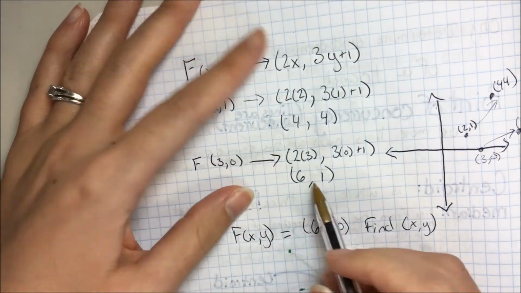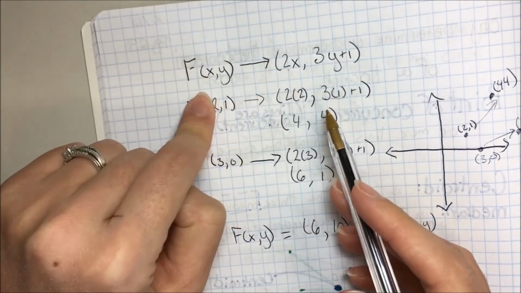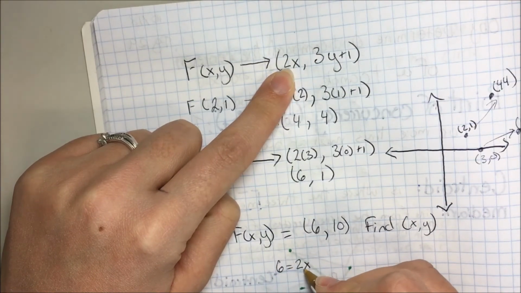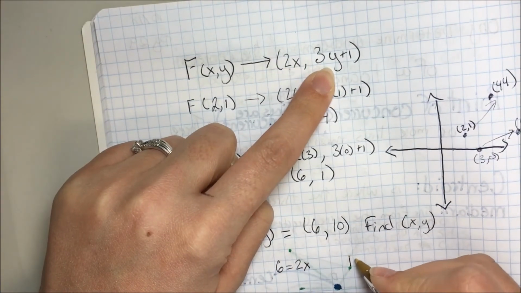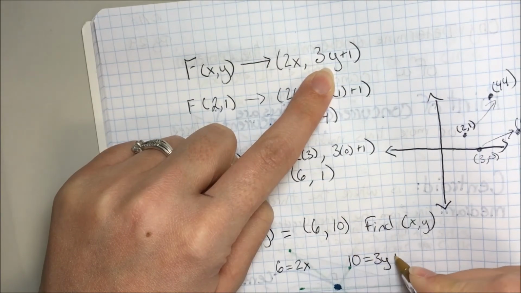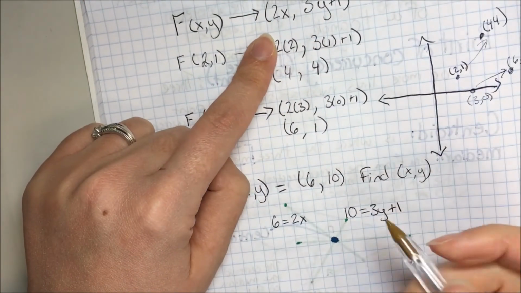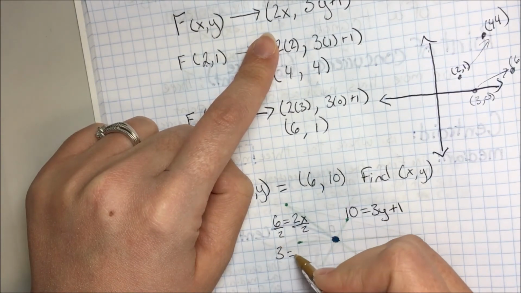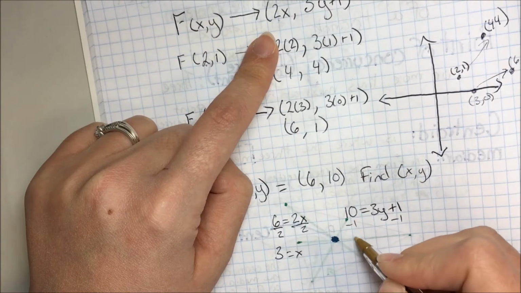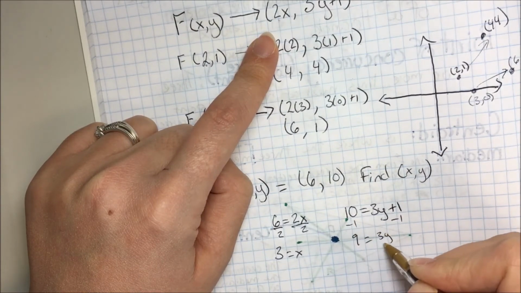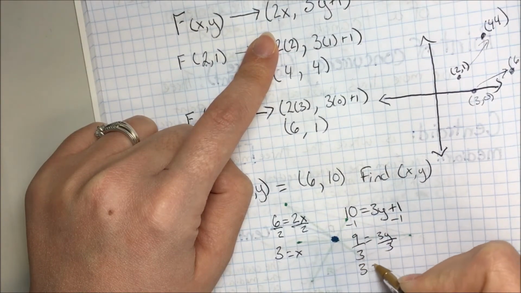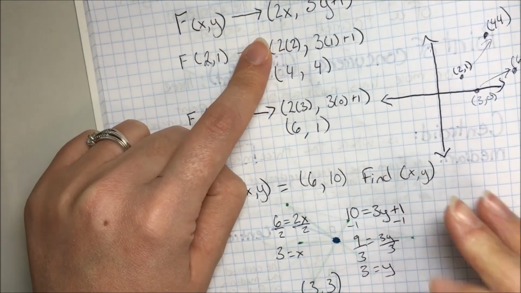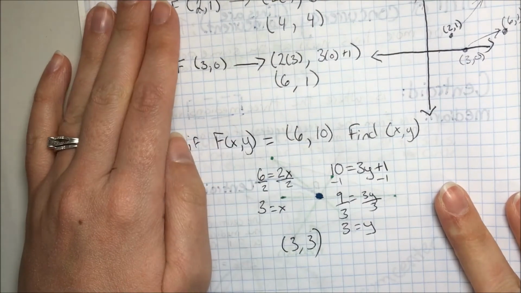Well, I know that my rule is that take x and multiply it by 2. So 6 is equal to 2x. And take y, multiply it by 3, and add 1. So now I'd solve my two separate equations. 3 is x. 3 is y. So xy would have been 3, 3. Make sure you guys can see all that.